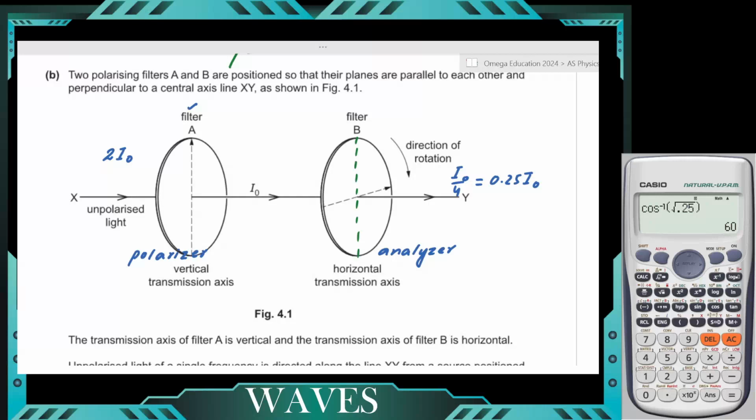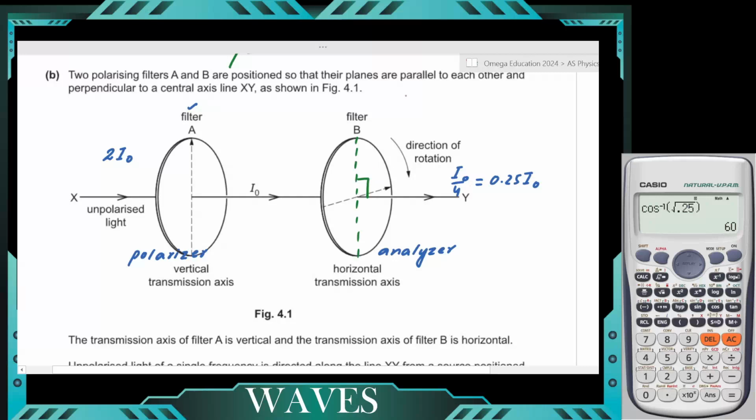So the total angle would have been 90 from here to here, and the final angle that we have is 60. By how much do we rotate the filter so we get the final angle as 60?